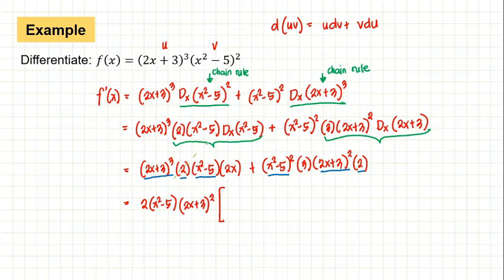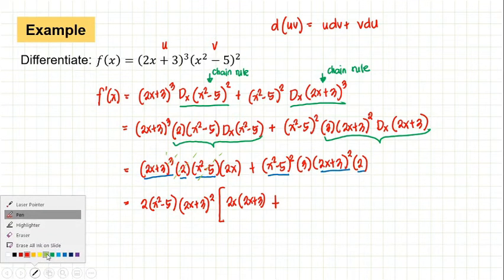Imaginary only. The x squared minus 5 will also be gone. And for 2x plus 3, the two is gone. There were three, so only one remains. Okay? So what remains will be 2x and 2x plus 3. So we now have here 2x times 2x plus 3. That is for the first term. Plus, for the second term, the 2 will be gone.